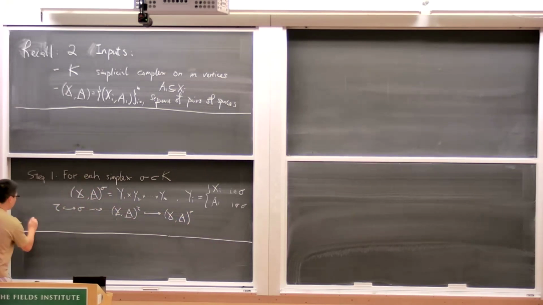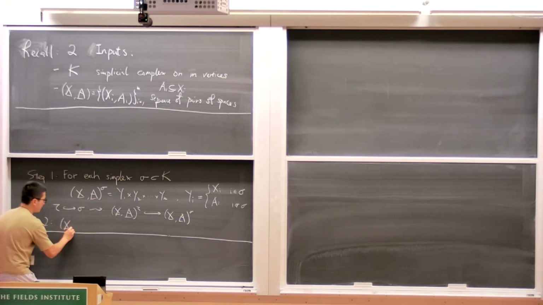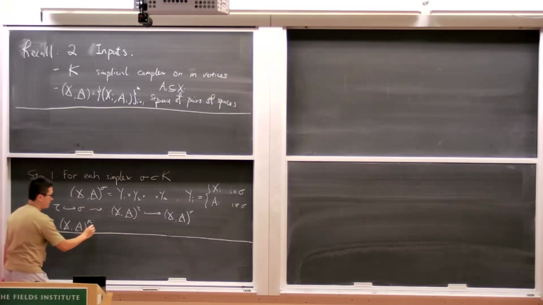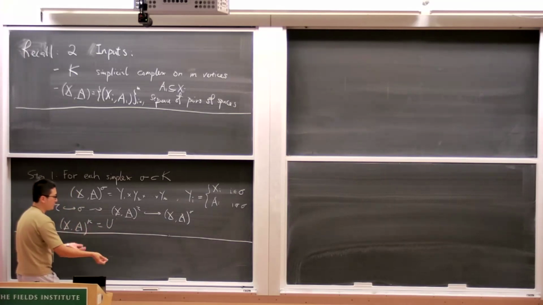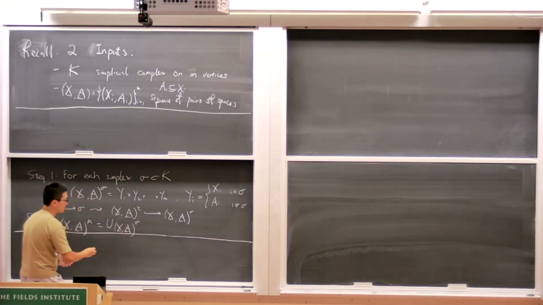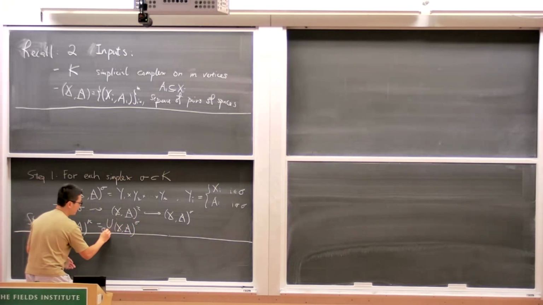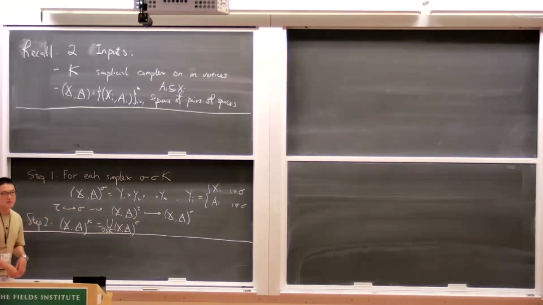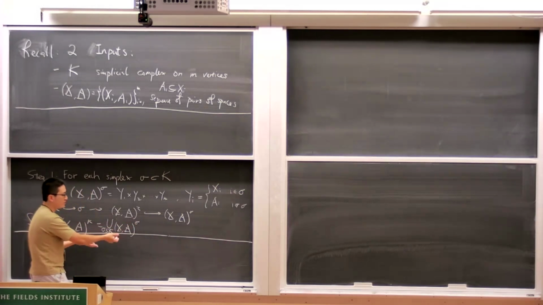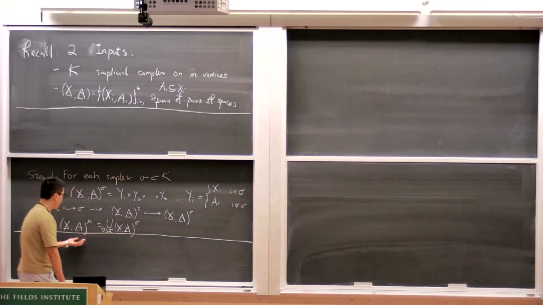And then using these inclusions, we can define the polyhedral product with respect to K by taking the union of all these polyhedral products with respect to all simplices in K. But at the same time, as you have heard many, many times, another way to think about this union is as follows.